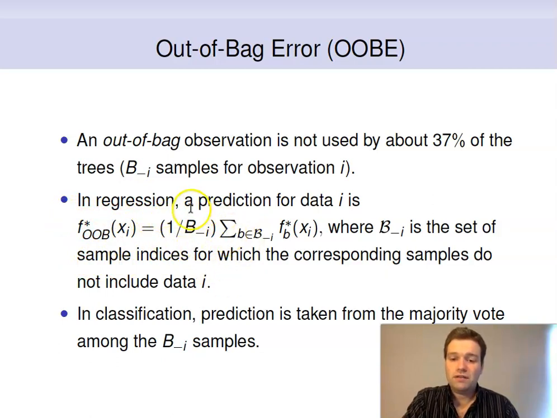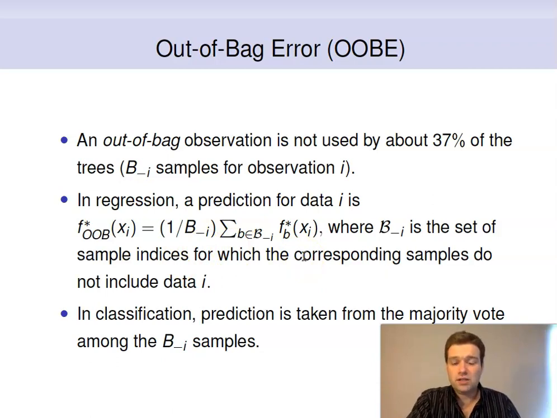This is 1 divided by B minus i, times the sum over b of the predictions obtained by each of the B minus i trees. The index b is the index of a bootstrap sample, and in this sum we only take the indices of the bootstrap samples that do not include data point i.